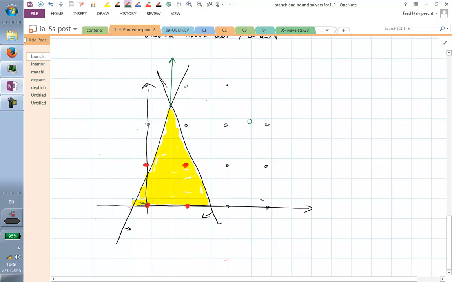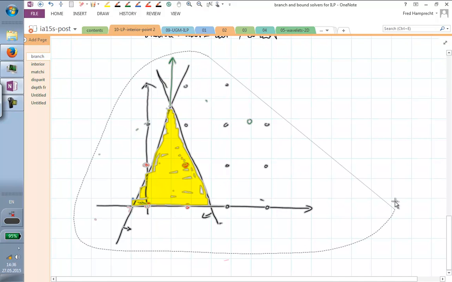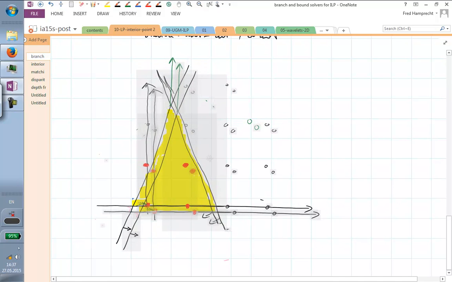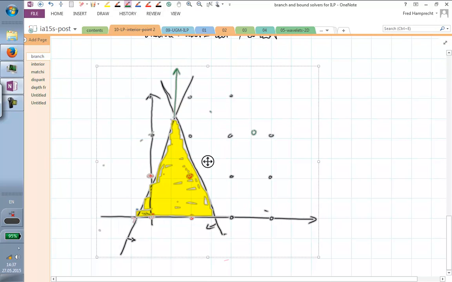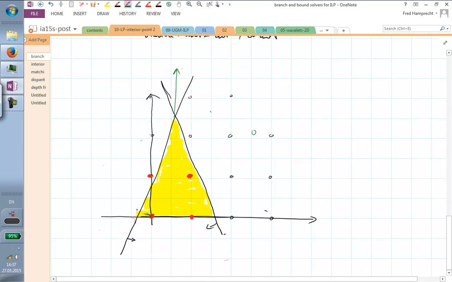Should we align the points to the grid? That's a very good idea. Thank you. So this is our reward vector, let's say. And the solution of my LP is going to be here.